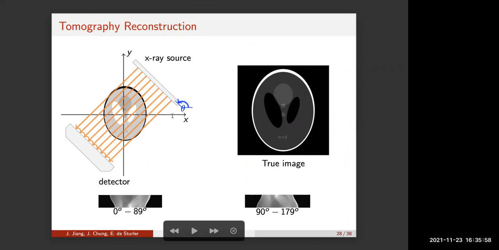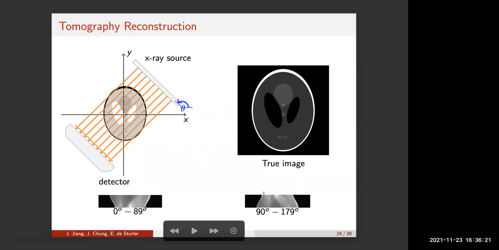Usually CT will have the limited angle problem, which means we get the CT data piece by piece. Here we assume we get the CT data in 2 pieces. The first one is from 0 to 89, and the second piece is from 90 to 179. So we have this limited angle problem.